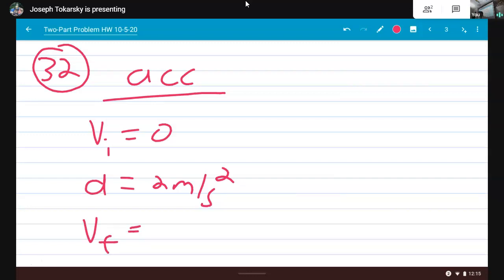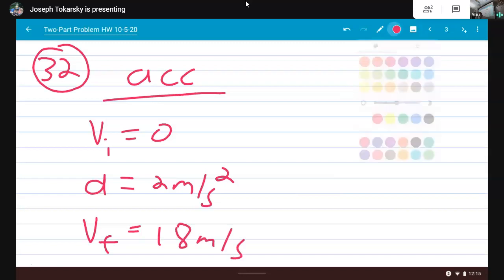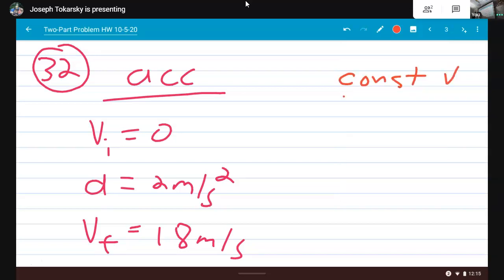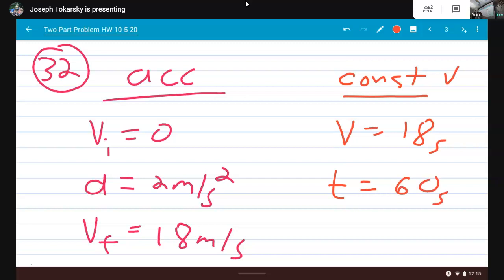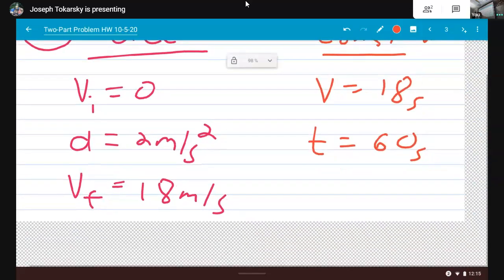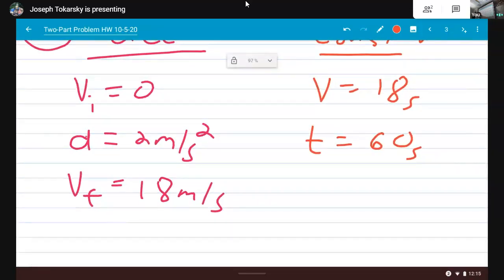This will be our final velocity for this portion of 18 meters per second. Then that VF becomes the regular old V over here because we stay at that speed for a minute. I'm going to immediately convert that to 60 seconds. That's an A there, not a D.